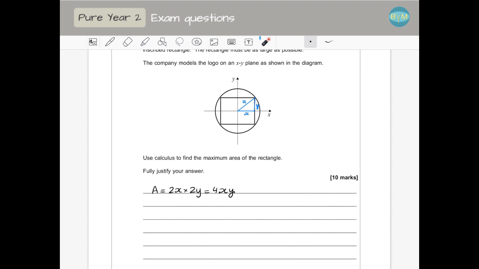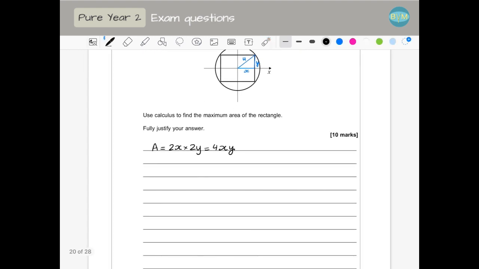Using Pythagoras, x squared plus y squared is radius squared, or hypotenuse squared, which is 4 squared, so 16. So y is the square root of 16 minus x squared.